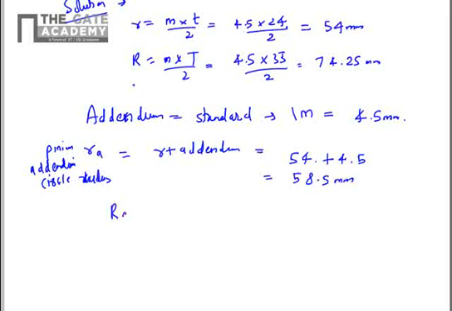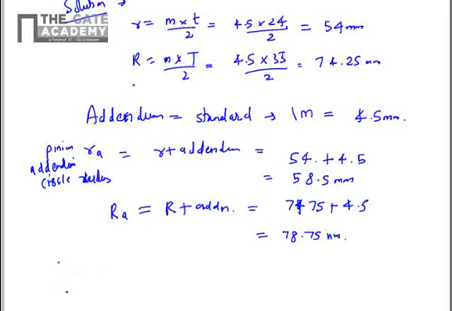And similarly, the addendum circle radius for the wheel will be equal to r plus addendum, that is 74.25 plus 4.5, equal to 78.75 mm.